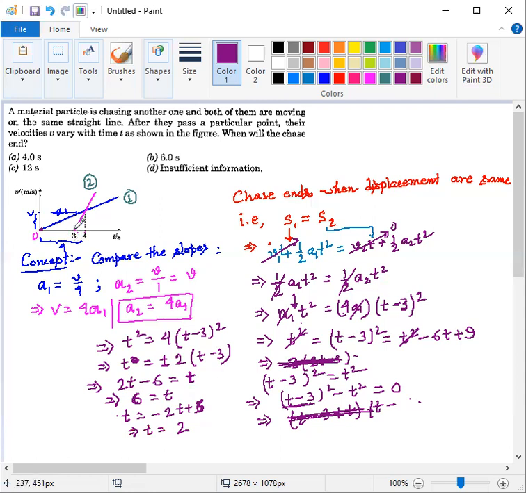The second particle starts its motion after 3 seconds, so 2 seconds is before the starting time of the second particle. So it is not our acceptable answer. Our acceptable answer is only t equal to 6 seconds, which is mentioned in option B, our right answer.